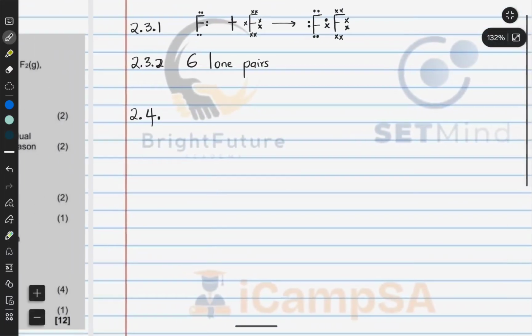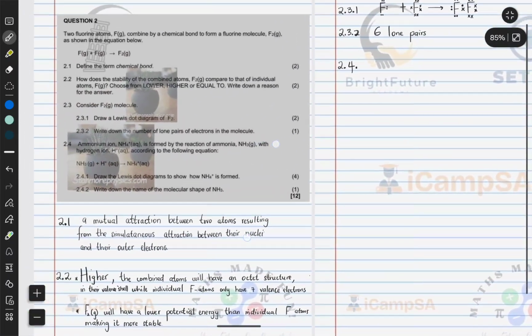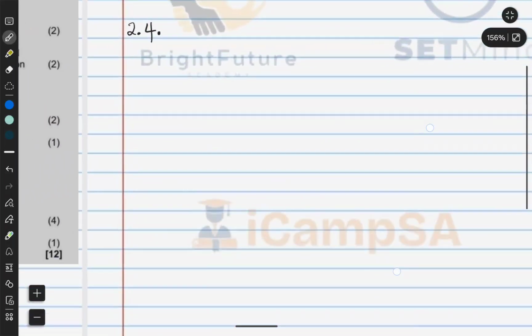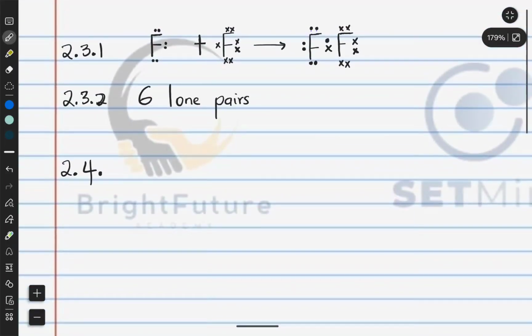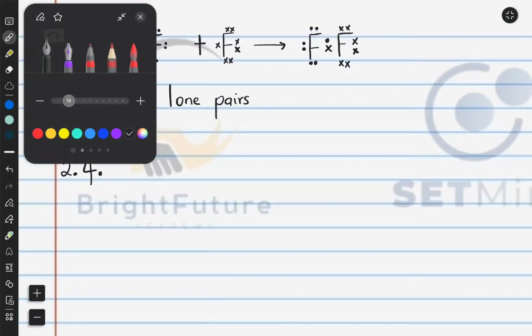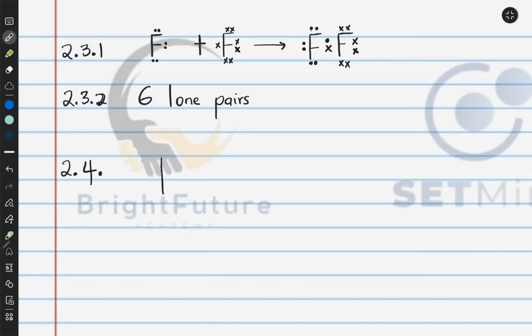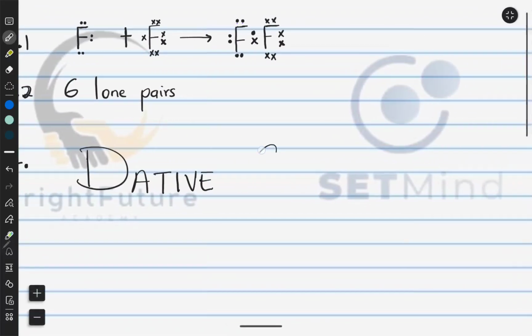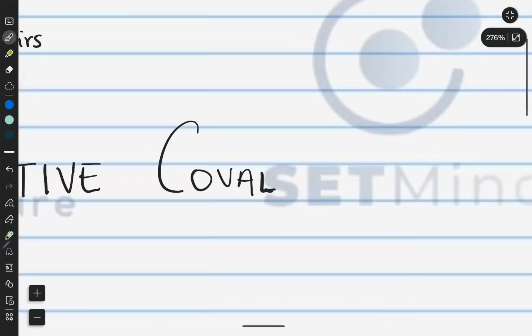So what that would look like is exactly what they are asking us here. This is an example of dative covalent bonding. This is what you would call dative. The best way to illustrate this one is through an example. Hence, I left it for this past paper problem.